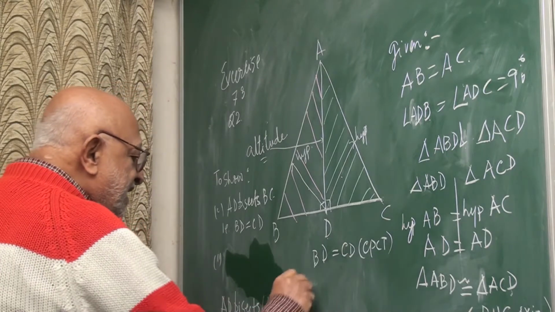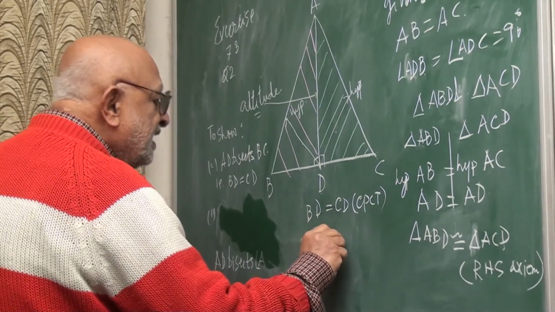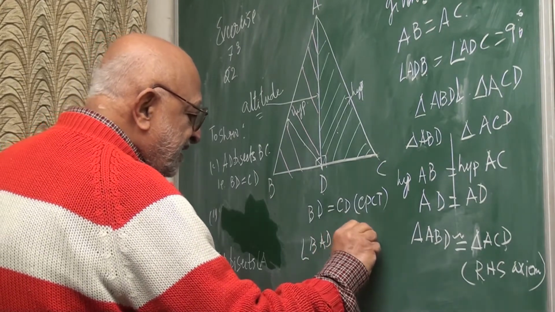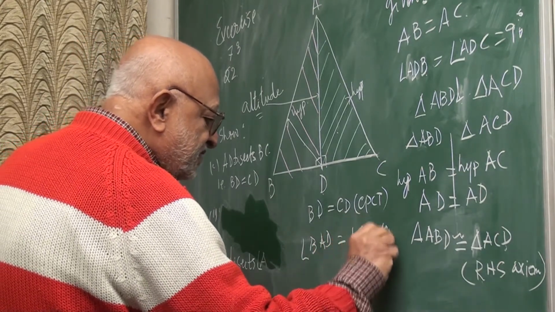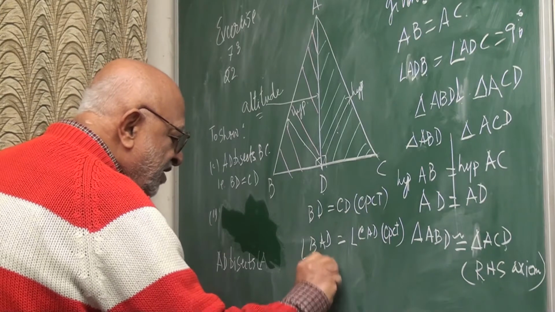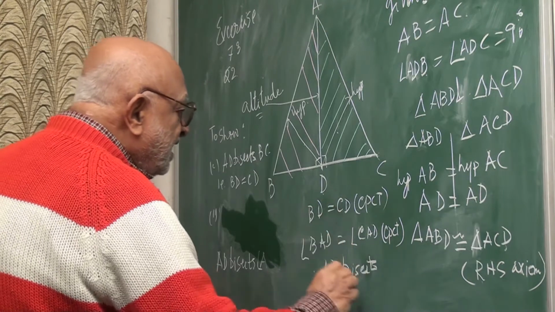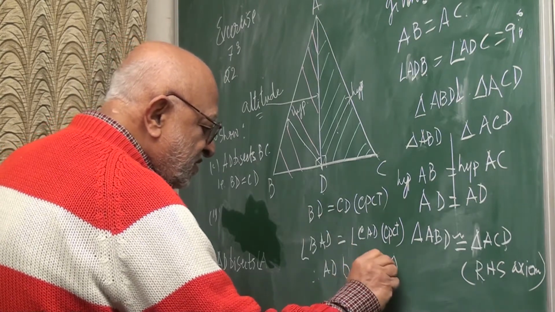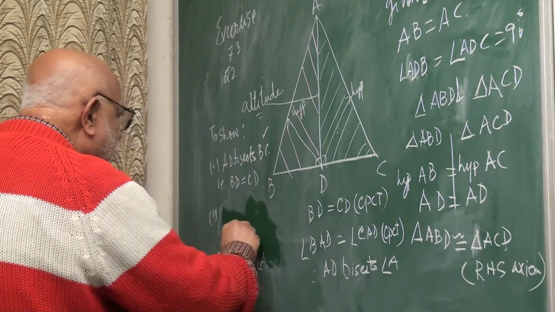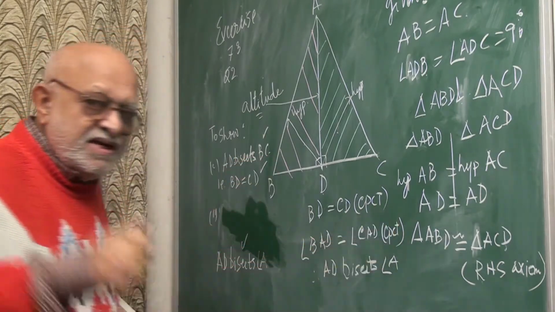And angle BAD is equal to angle CAD, that is also CPCT. Therefore AD bisects angle A. Okay, it's proven. AD bisects angle A, and AD bisects BC. Those two are already proven.